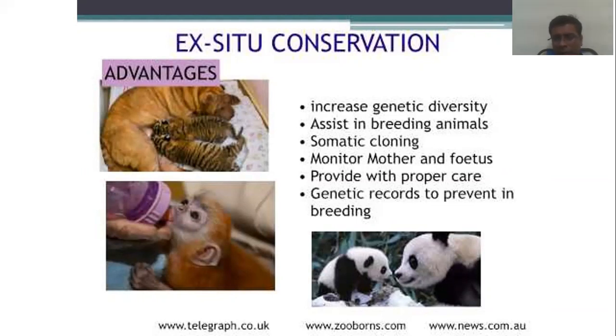We can provide protection, and we are supplying food and water, so they can develop, and we are also giving protection from the remaining animals. So the population of these animals gradually increases. Okay, so this is about ex situ conservation. Thank you.